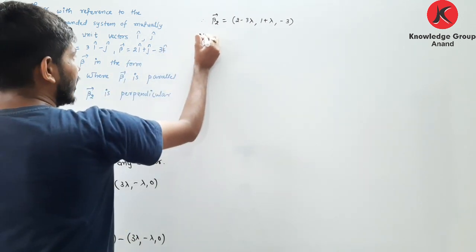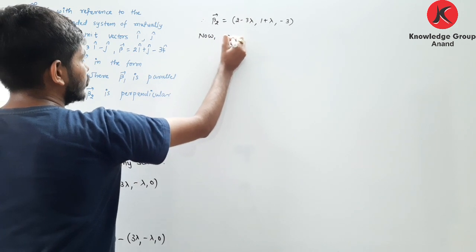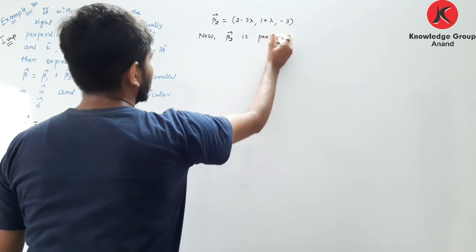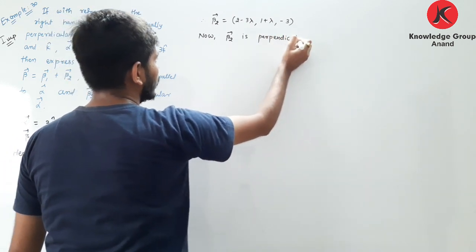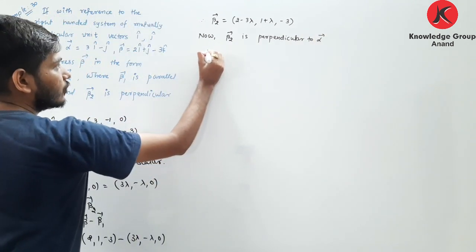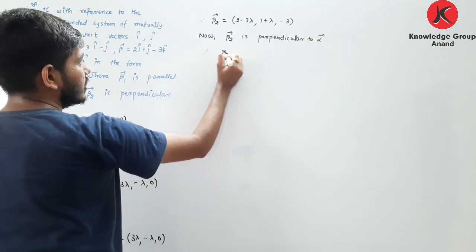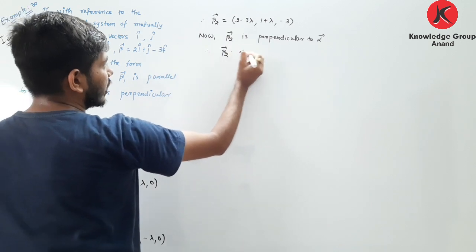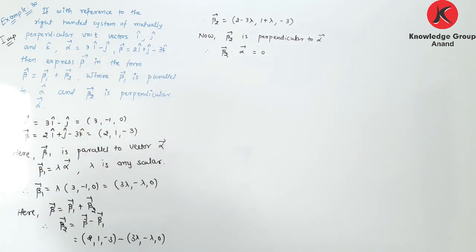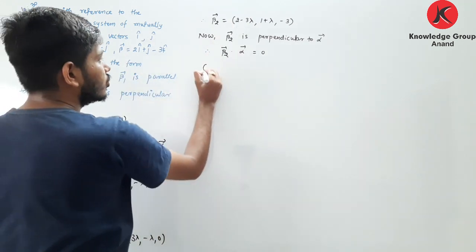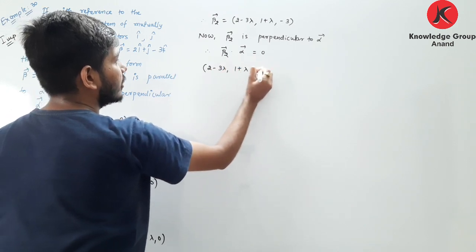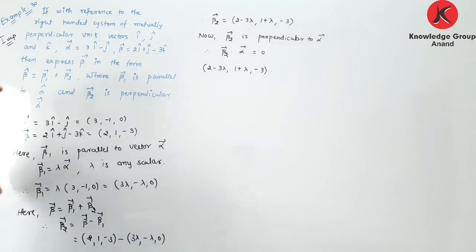Now it is given that beta 2 vector is perpendicular to the vector alpha here. Therefore, we can write beta 2 dot vector alpha equals 0. Now, beta 2 vector is here: 2 minus 3 lambda, 1 plus lambda, and minus 3, dot alpha vector.